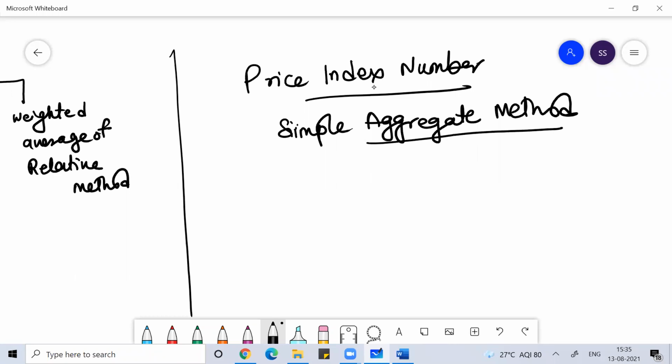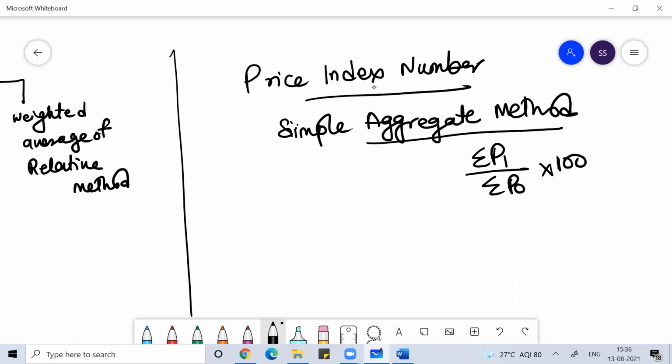For the simple aggregate method, the formula is sum of P1 by sum of P naught into 100. Then the price index number is of two types, unweighted and weighted. Unweighted includes the simple aggregate method.